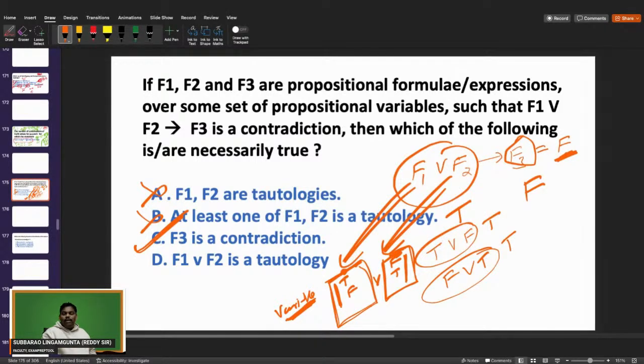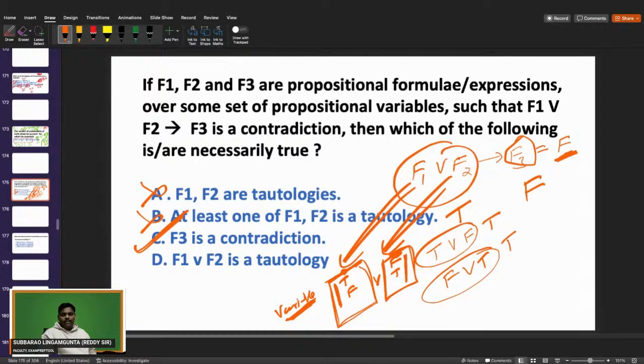F1, F2 are tautology. Then which one of the following is necessarily true? I cannot say A is true. I cannot say B is true. At least one of F1, F2 is a tautology. I cannot say that. F1 is a combination of true, false, so how can I say F1 is a tautology? F2 is also a combination of true, false. How can I say F2 is a tautology? I cannot give a guarantee.